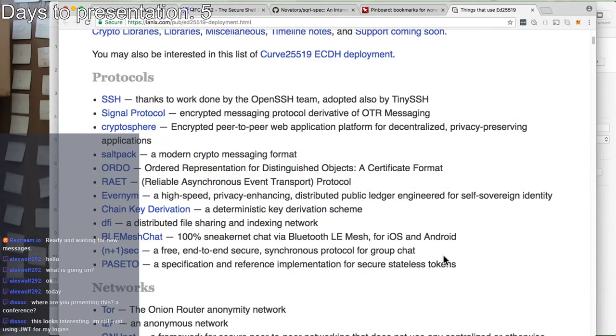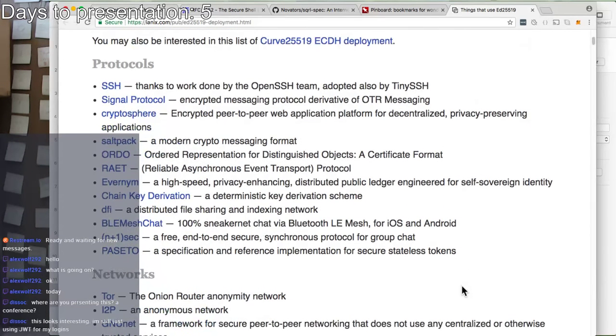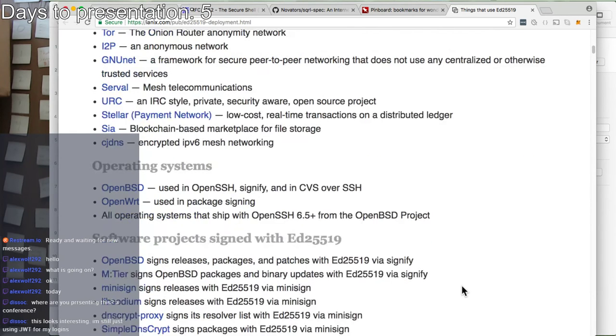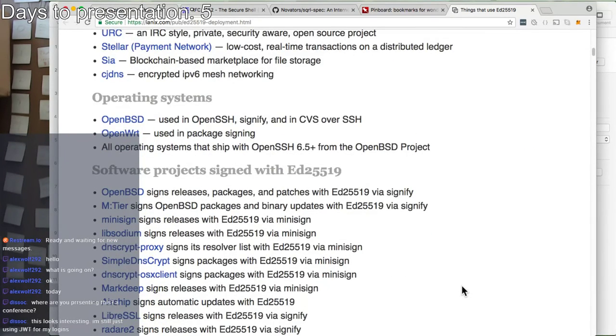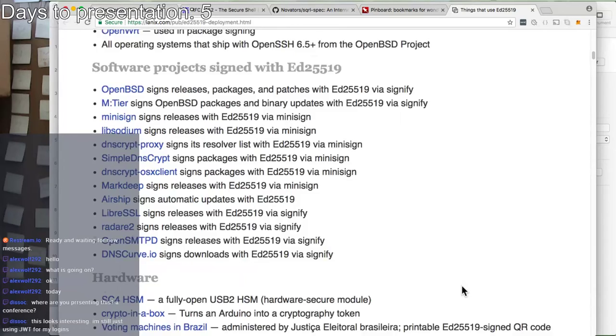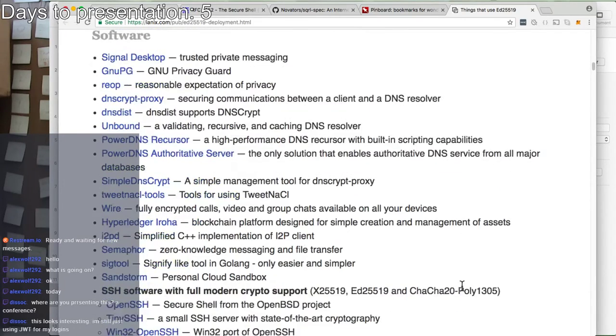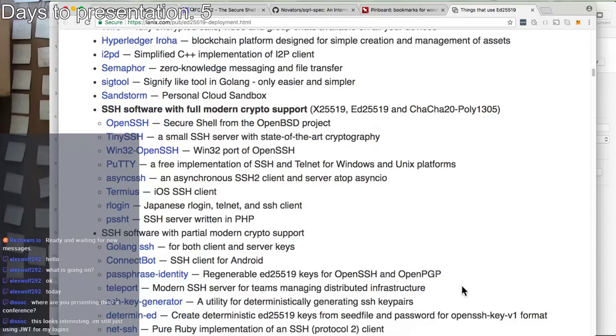Sneaker chat. Group chat. Secure stateless tokens. Not listing SQRL there. Oh, hardware. SSH software.